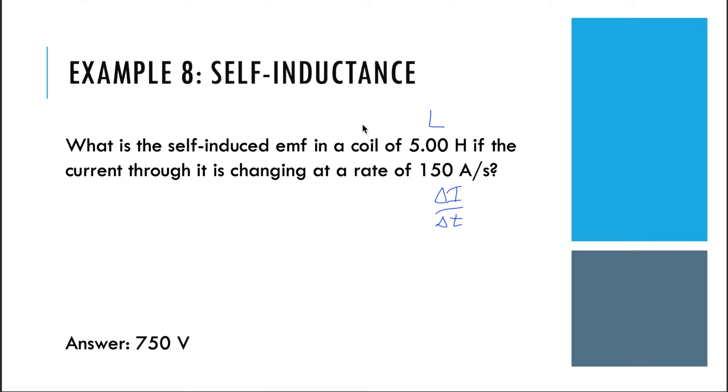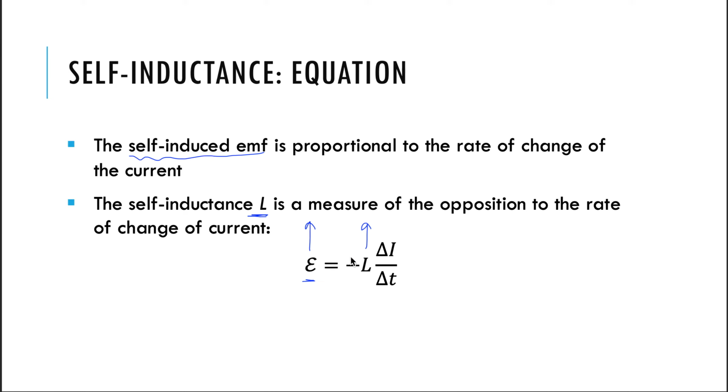We just saw two equations that had inductance in them, but we have to pick the one that's going to be more useful, and that's the first one that we saw. Now, we don't really care too much about the negative. That's just to remind us that the induced EMF is going to oppose the change in current, but if we just want to find out how much EMF is induced by the inductor, we really don't need that negative sign.